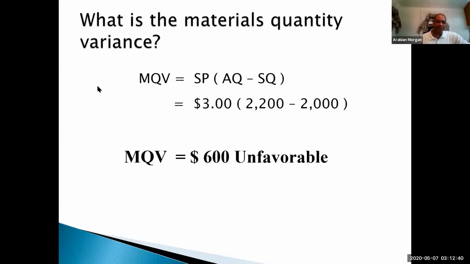I did not give you a revised formula. I simply said it is calculated. So I now want to talk to you about how we calculate the total material variance. So look at page 426.